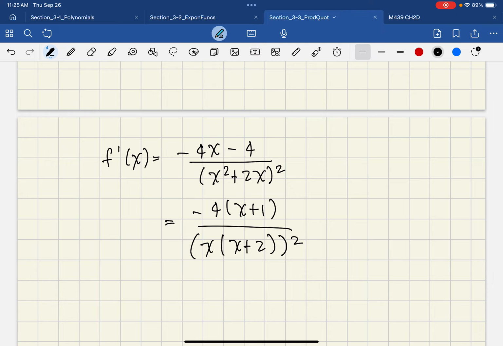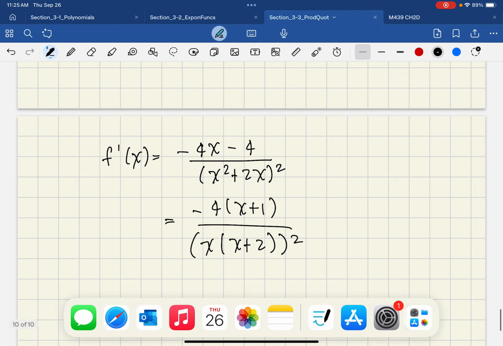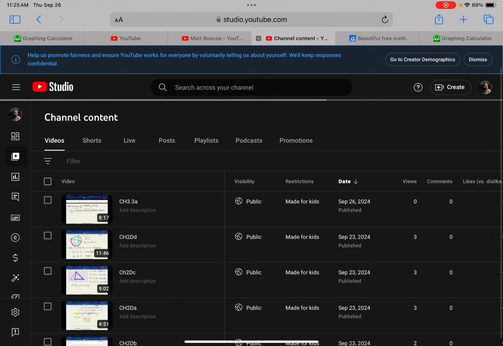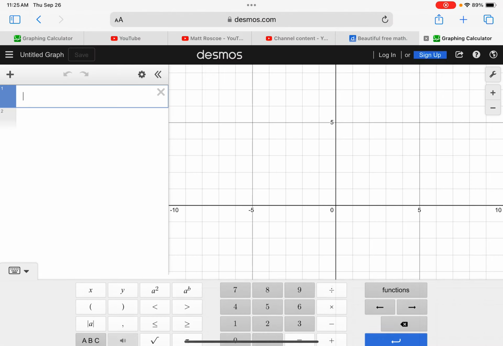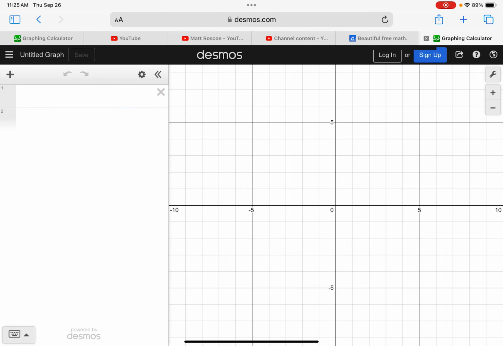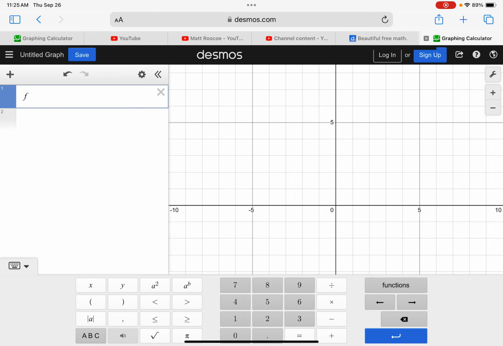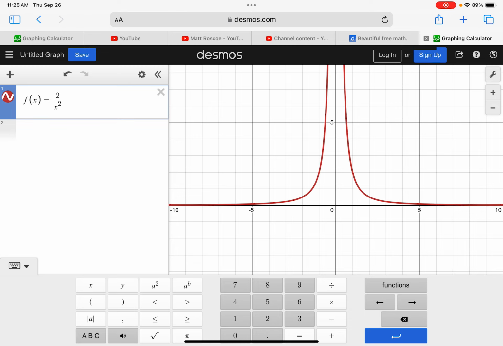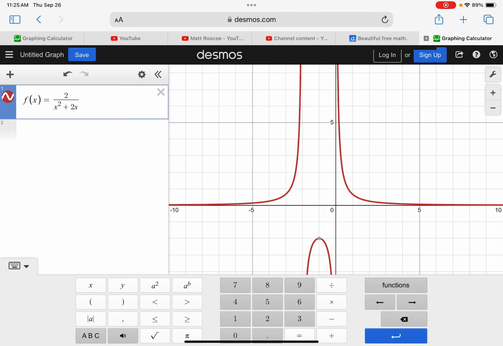I wonder if we could go to Desmos and check it, see if I have an internet connection that's strong enough for us to do that. Yeah, we're good. Okay, the first thing I'm going to put in is the function. So let's see. Here I'll write f of x equal to, our function was 2 divided by x squared plus 2x.